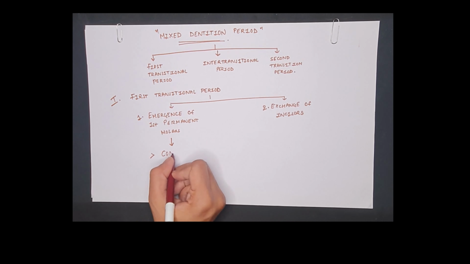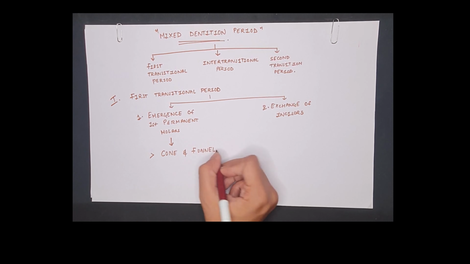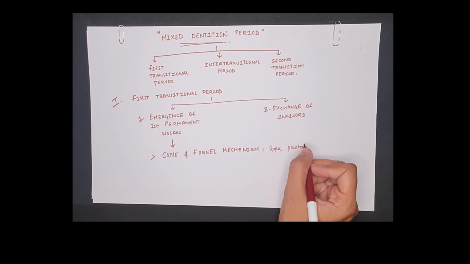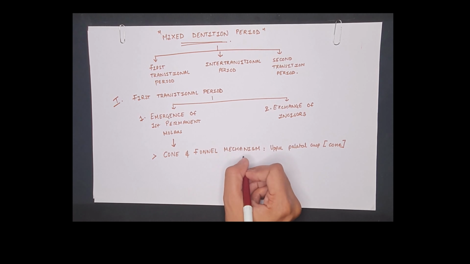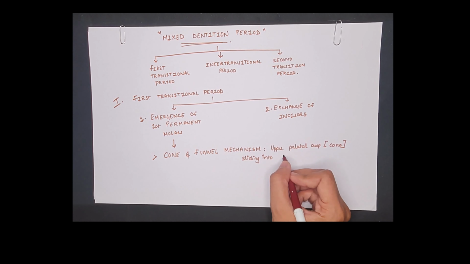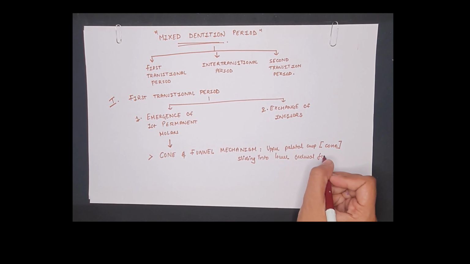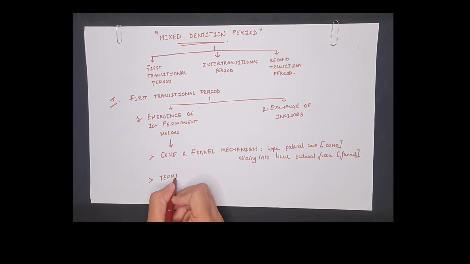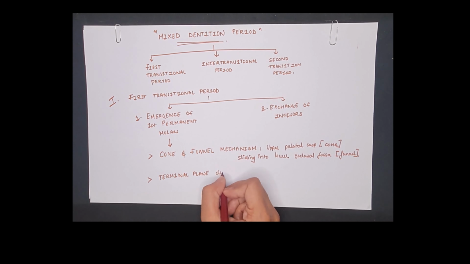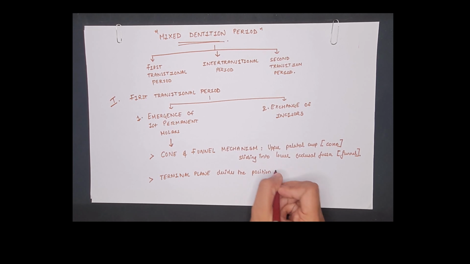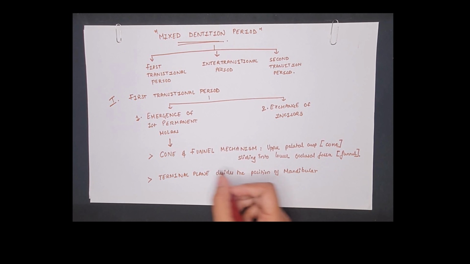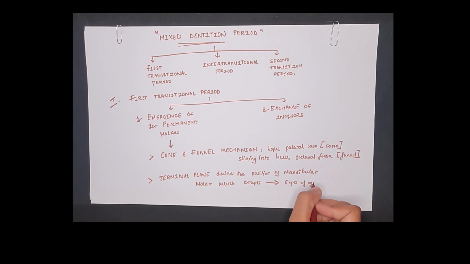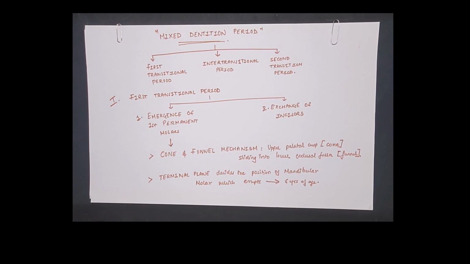Starting with the anteroposterior relationship, the relationship between the opposing first molars after eruption depends on the position previously occupied within the jaws. The relation between maxilla and mandible is like a cone and funnel mechanism. The cone is in the maxilla and the funnel is in the occlusal portion of the mandible. The terminal plane decides the position of the mandibular molar which erupts at 6 years of age.